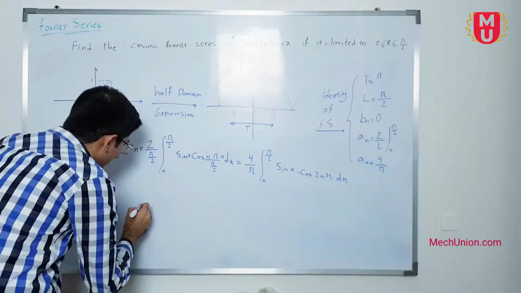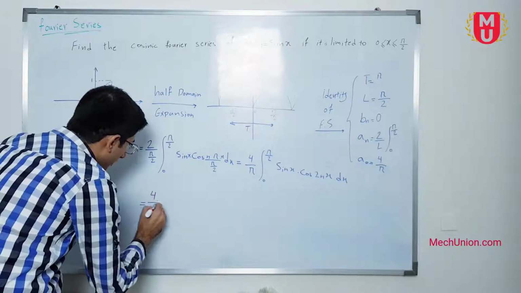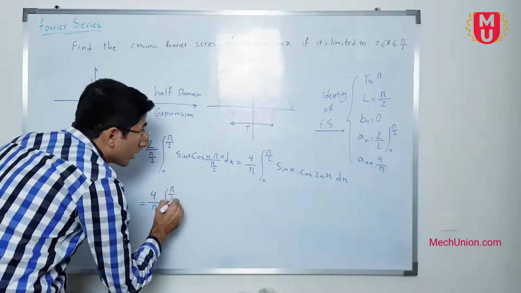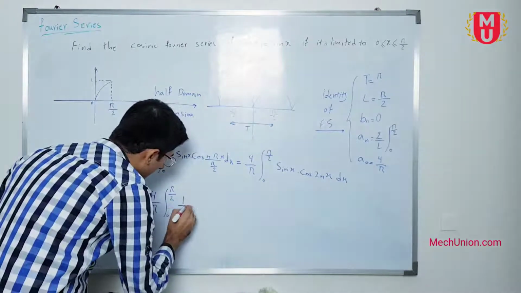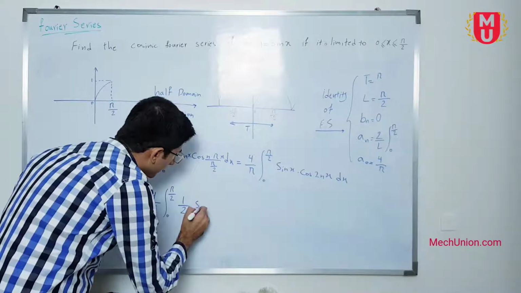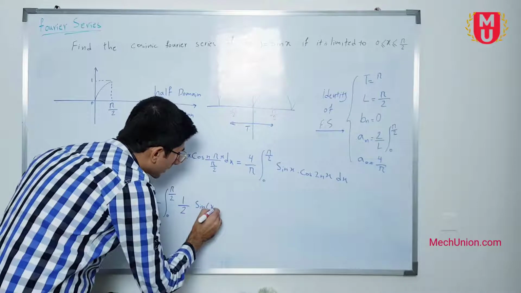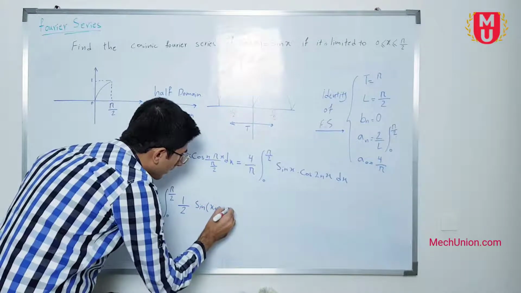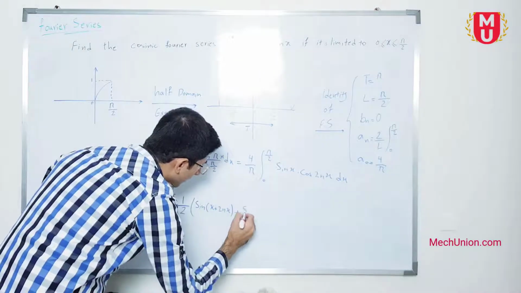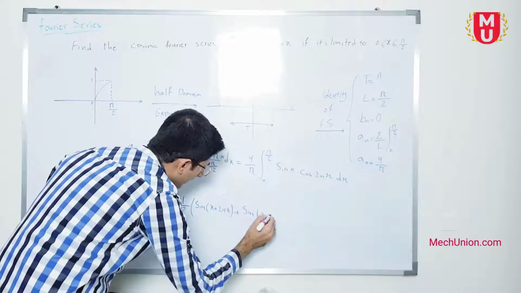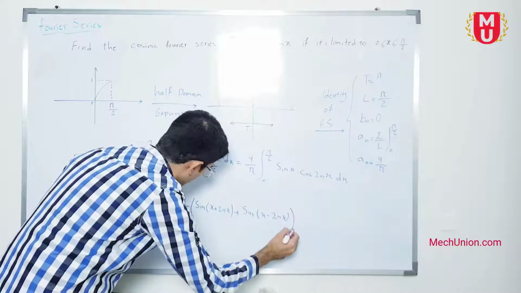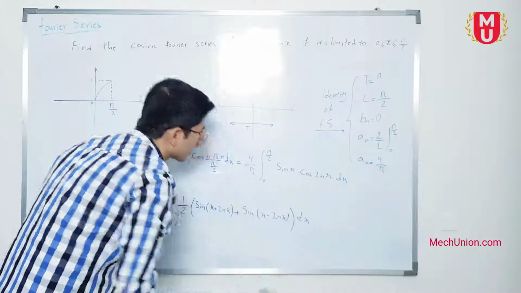Okay, we write down this one, 4 over pi integration of this, which is our formula has 1 over 2 sine of x plus 2n x plus sine of x minus 2n x d of x.